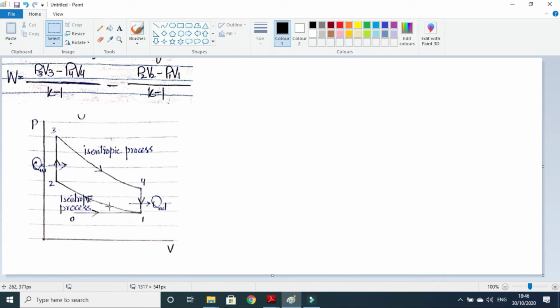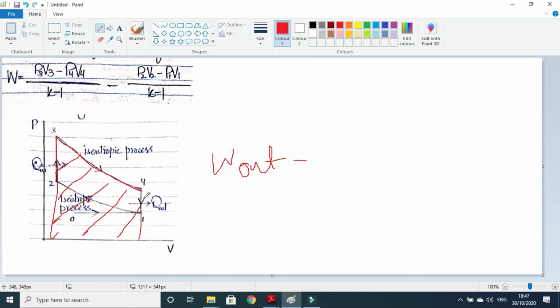Also, in chapter number 4, the area under the process curve on a PV diagram represents the work done. This is the process curve 3 to 4, so the area under the process curve 3 to 4 will be this area, and this will be work out.